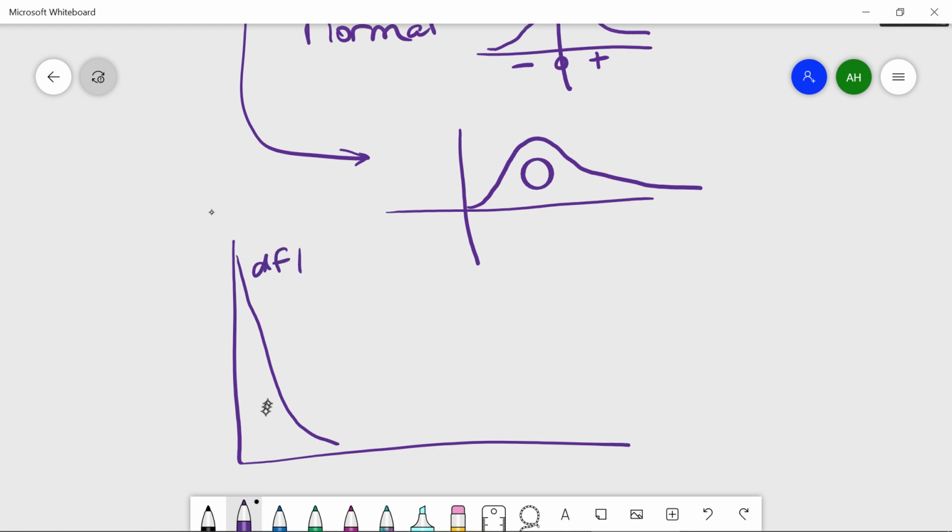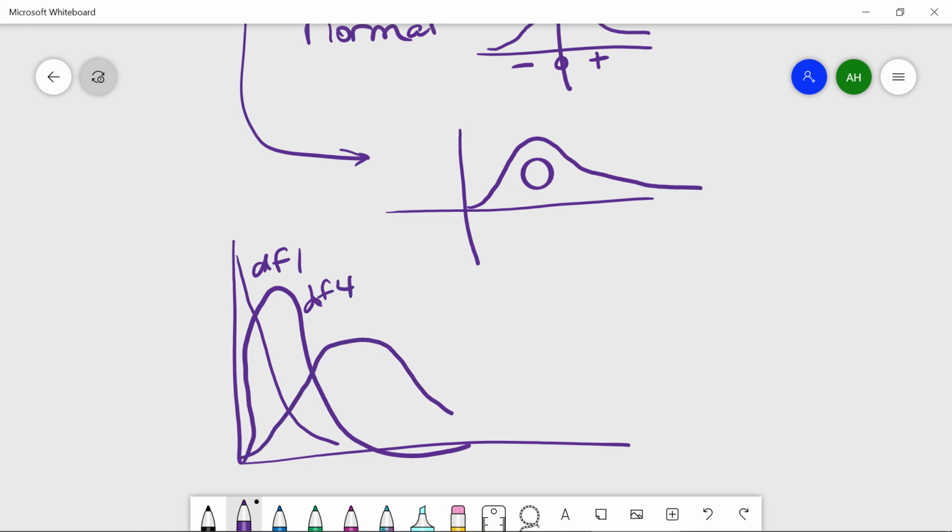This curve might have 4 degrees of freedom. Something like this might be 9, and something like this might be 15.